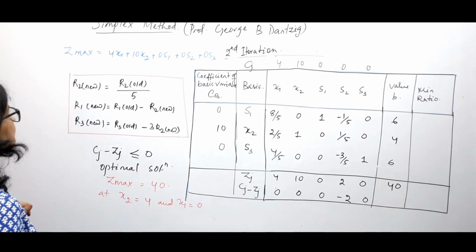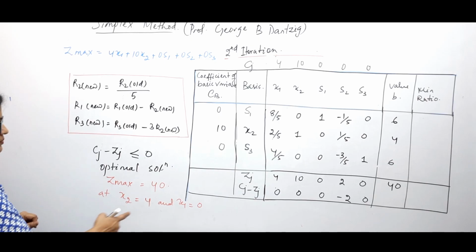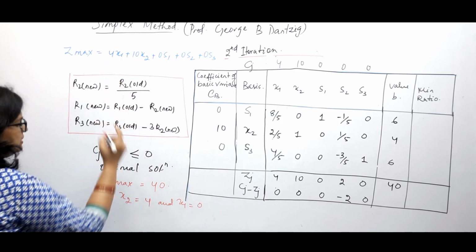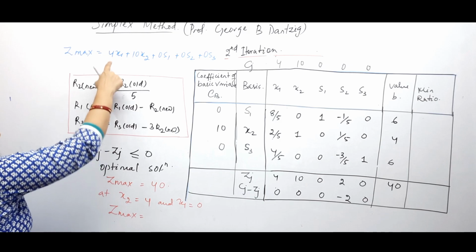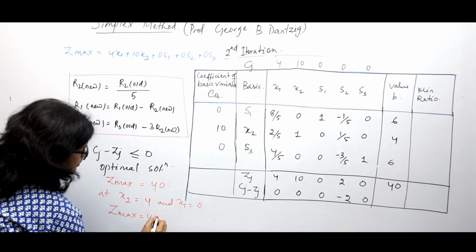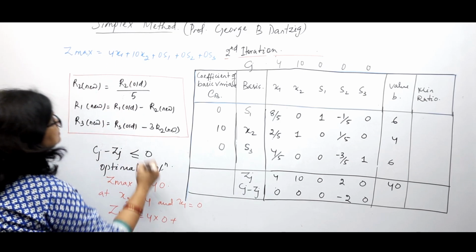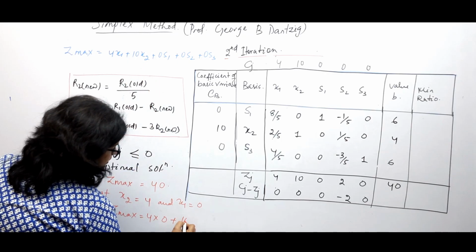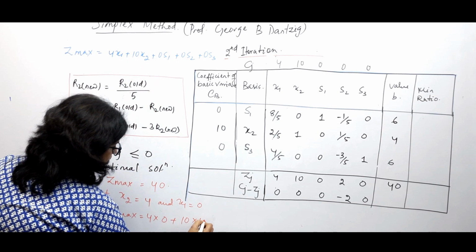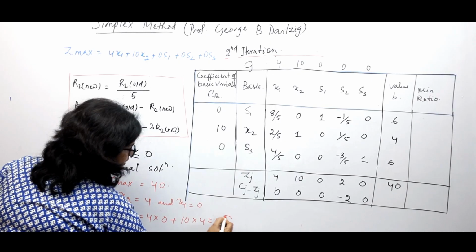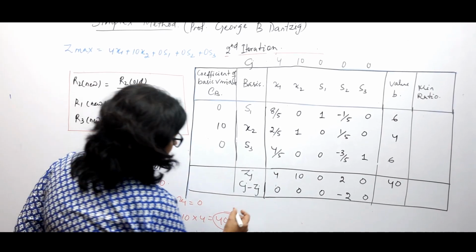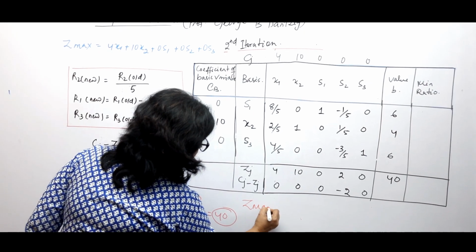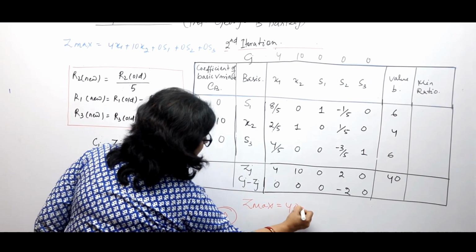Let us put these two values into Z max. Z max equal to 4 into x1, which is 0, plus 10 into x2, 10 into 4, which is equal to 40. So this is our Z maximum. Z maximum equal to 40.